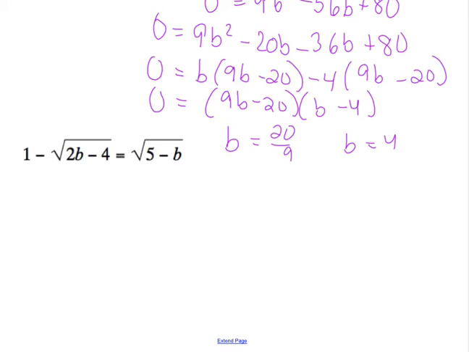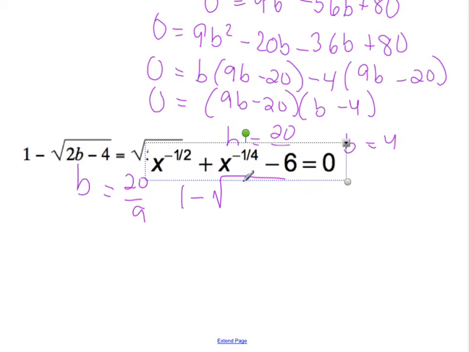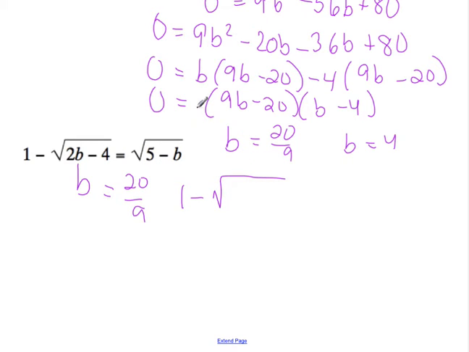So now, first I'm going to check, what if b equals 20 over 9? I have to substitute in. That's 1 minus the square root of 2 times 20 over 9 minus 4.